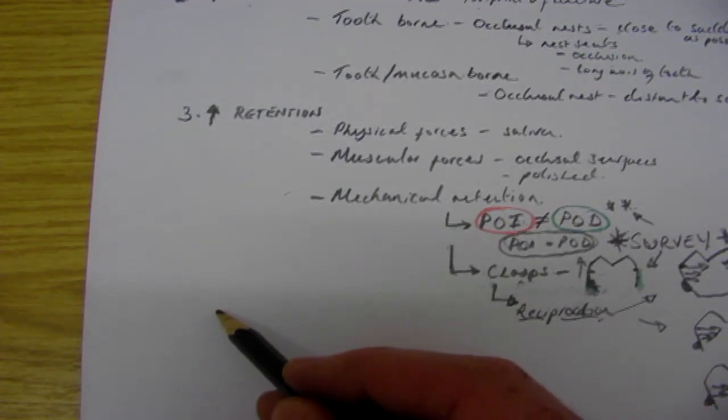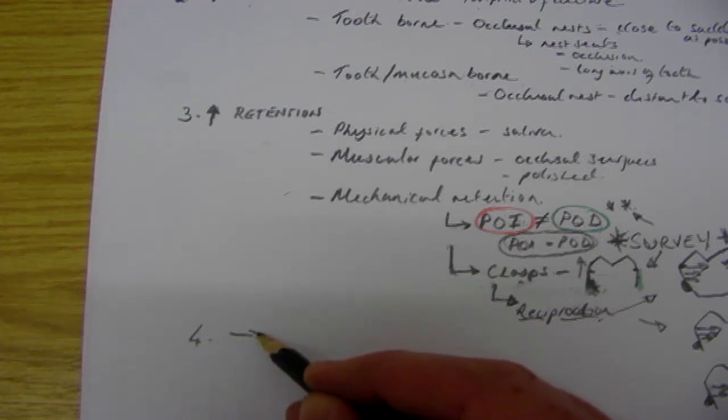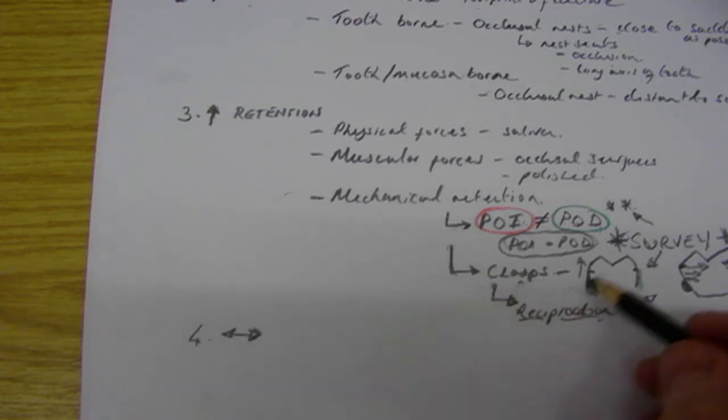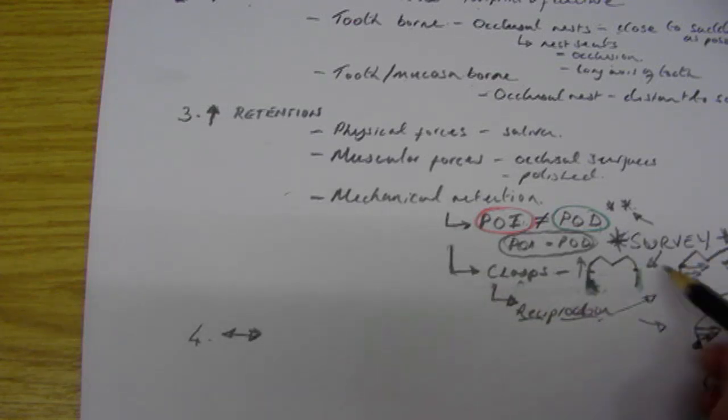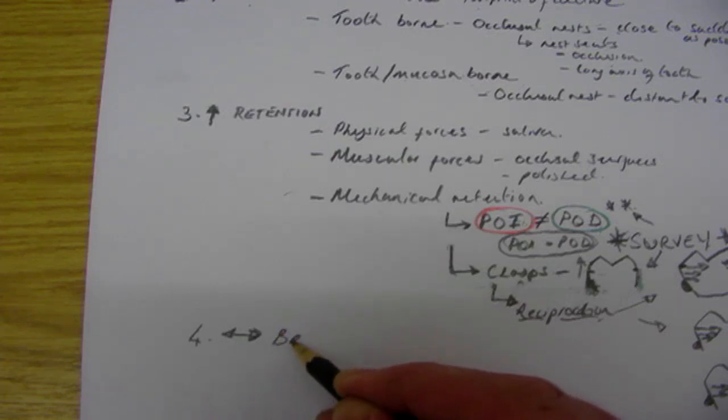So next thing to design into our partial denture then is bracing, and bracing is resistance to the sideways movement of the whole denture, not just an individual tooth where we're talking about clasping, but stopping the whole denture moving sideways.